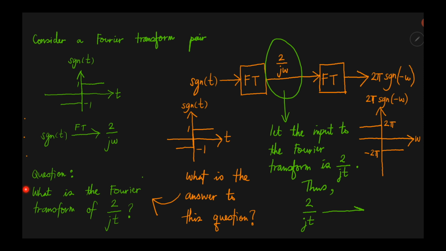So the Fourier transform of 2 over jt is 2 pi signum minus omega.